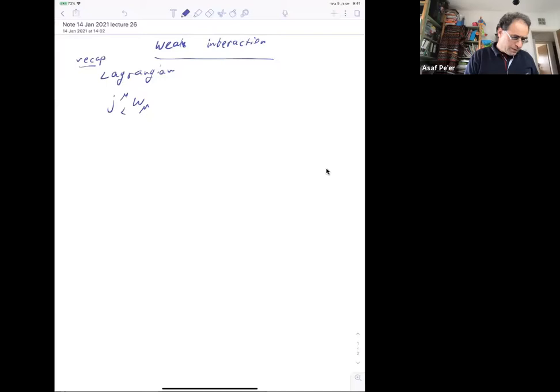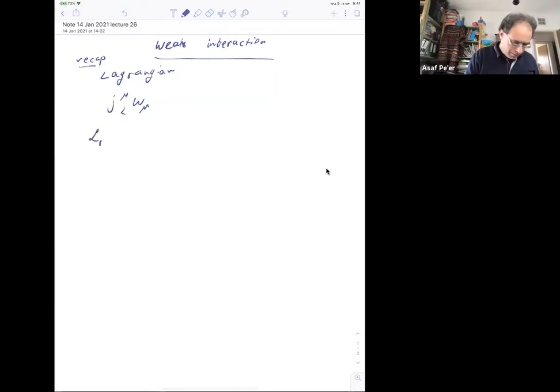And for the gauge symmetry, we ended up with the Lagrangian looking something like that, with g_weak being the relevant term. Now I can simply write down the entire Lagrangian just to make sure that everything is aligned.